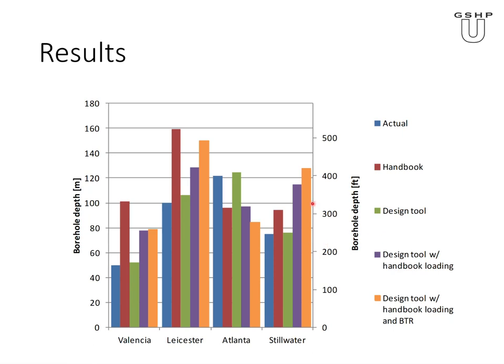Stillwater goes the opposite direction. So I won't say it's completely conclusive. The handbook method makes more simplifications than GLHEPRO. And there's a lot of research that's gone into GLHEPRO, which has been published, and so is available in the public domain. I will talk about that some in some other lectures.